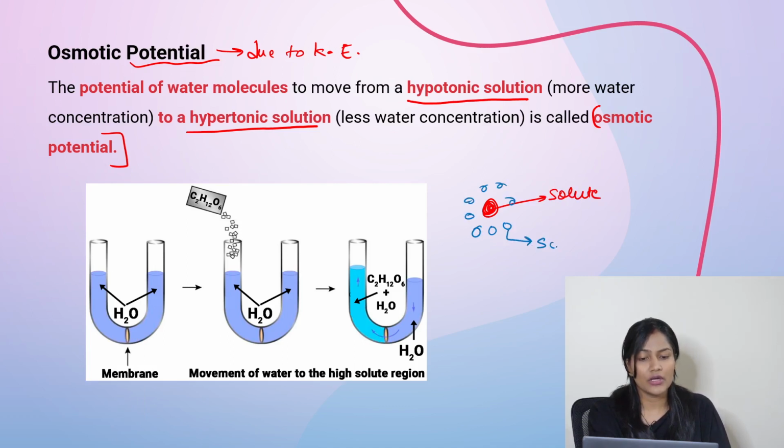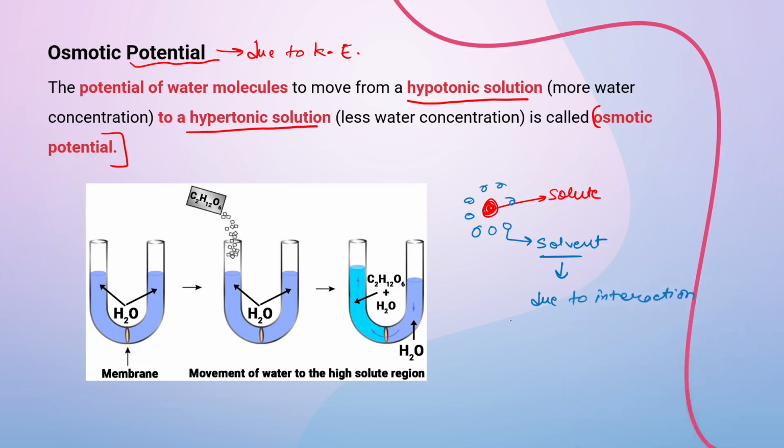So now the kinetic energy due to interaction, the kinetic energy of solvent decreases. Yes, the kinetic energy of the solvent, not only of the solvent but of the solute as well. But we are interested in solvent.